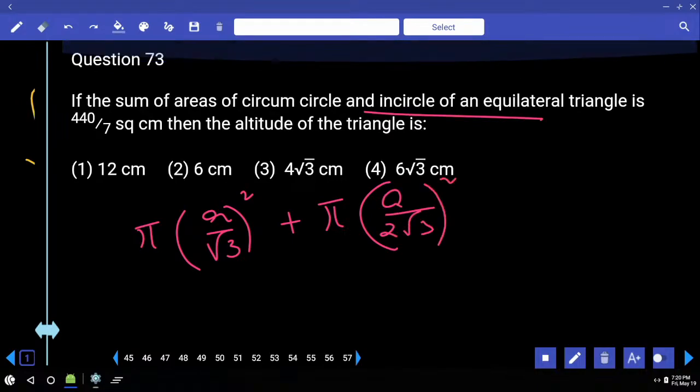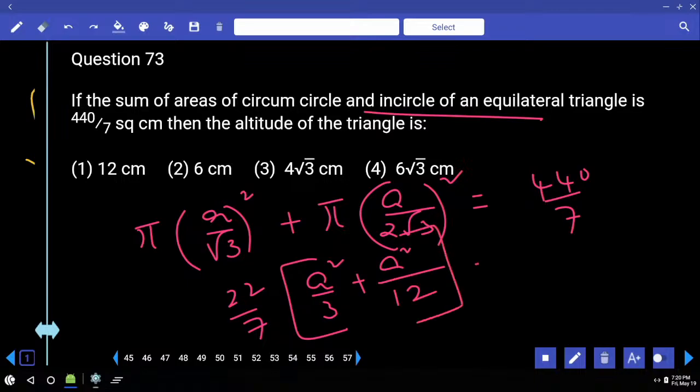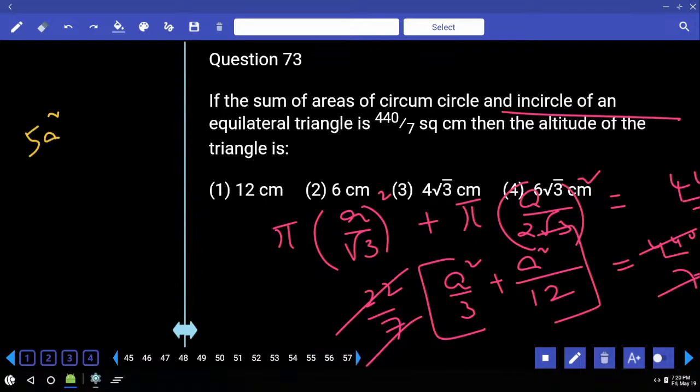Whole square equal to 440 by 7. Pi is common, 22 by 7 into a square by 3 plus a square by 12, that is 440 by 7. 7 and 7 are cancelled, 22 goes 20 times. Therefore 5 a square by 12 equal to 20.